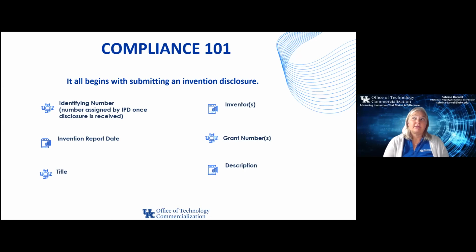Then the description must be sufficiently complete in technical detail to convey a clear understanding, to the extent known at the time of the disclosure, so that someone can read it and understand exactly what this disclosure pertains to.